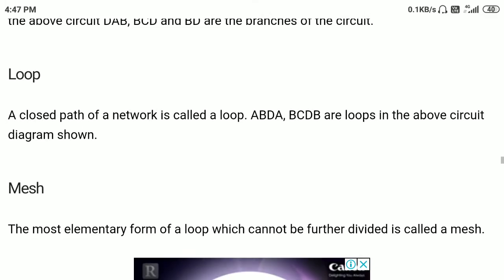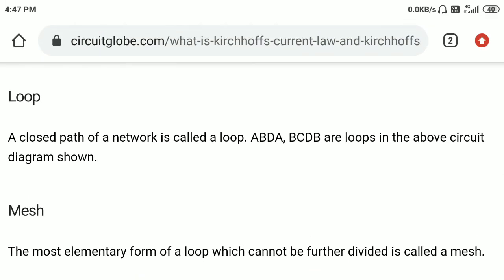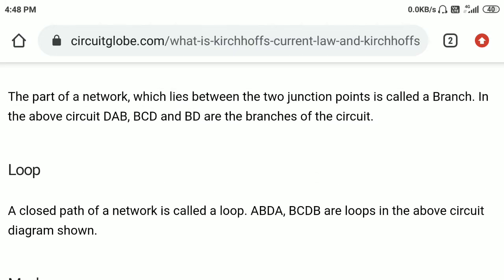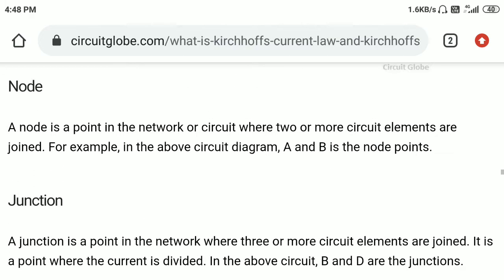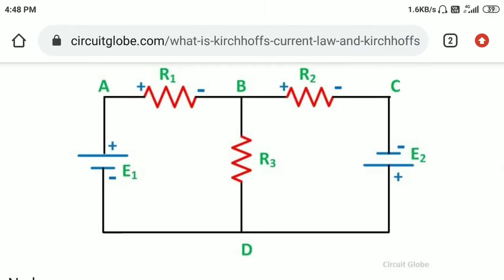Now, loop. A closed path of a network is called a loop. ABDA and BCDB are loops in the above circuit.